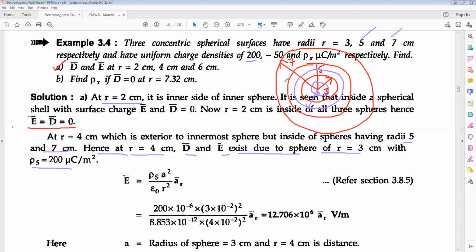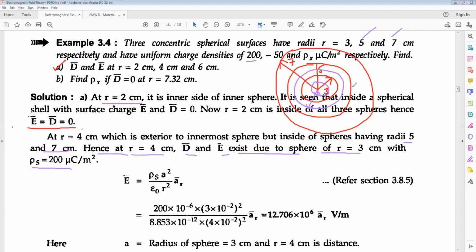See, why we are not taking 7 and 5 is that there is no effect of 7 and 5 on 4 because it is inside. Previously, R is equal to 2 centimeters was not affected because the spheres of radius 3, 5 and 7 are outside.